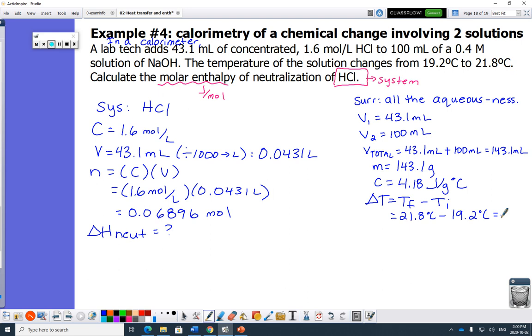I want to save some room, so I'm going to put 2 equal signs on a line. Don't tell me it's too hard. Some people won't even show the formulas, like they'll just plug in their numbers. You can do that too.